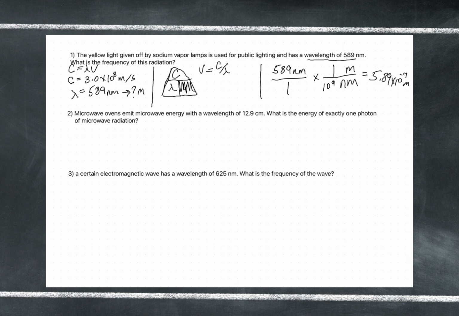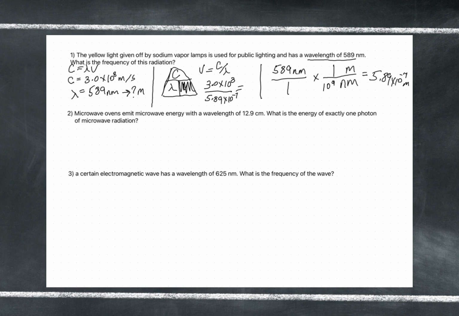I have my speed of light. All I do now is take my speed of light, 3.0 times 10 to the 8, divide by my wavelength, which is 5.89 times 10 to the negative 7th, and I get my frequency.